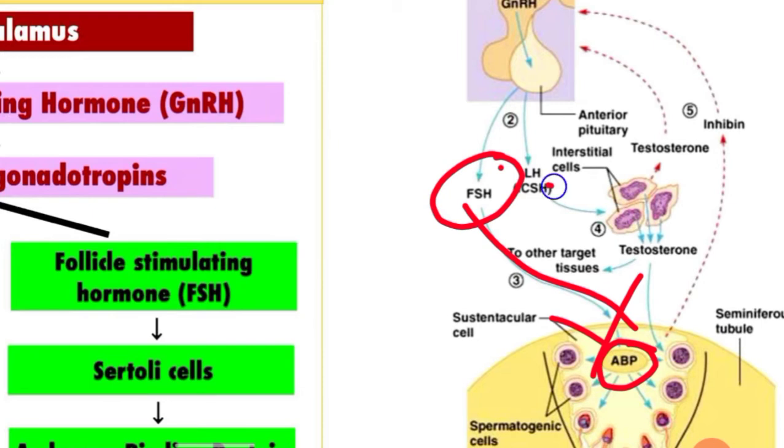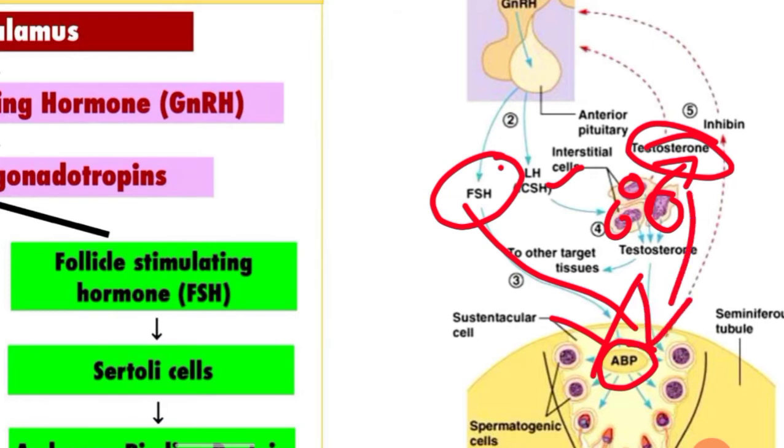Then what about LH? Interstitial cell stimulating hormone acts on interstitial cells, outside of the seminiferous tubule. Imagine these are interstitial cells, obviously Leydig cells, right? They produce testosterone. The testosterone also plays a vital role in the process of spermatogenesis.